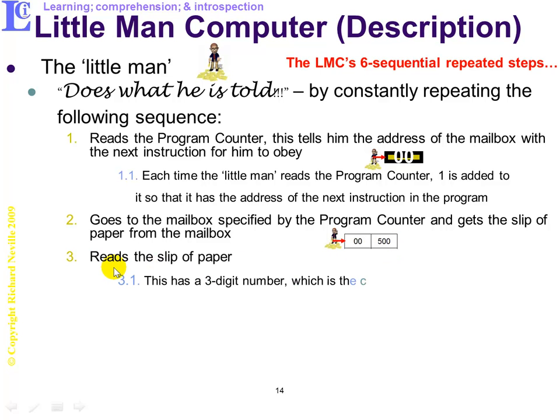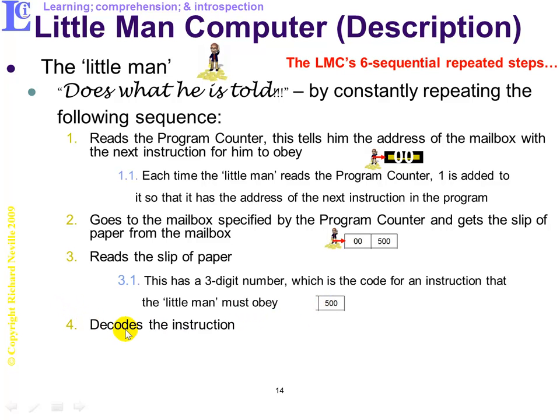The next thing he does is read the slip of paper, the 3 digits, which encode the instruction, the process he has to undertake. He decodes it to find out what it does, and he must obey this instruction.